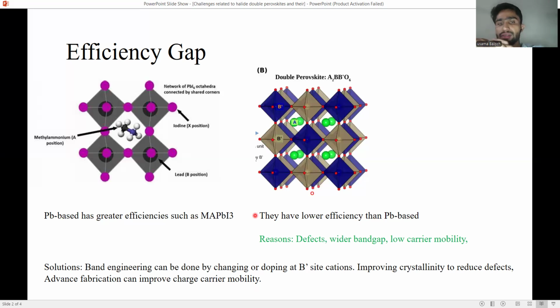There are a few findings that have reduced the direct band gap due to this doping. For defects, you can improve the periodicity so that the defects are lowered, and advanced fabrication techniques can also improve the mobility.